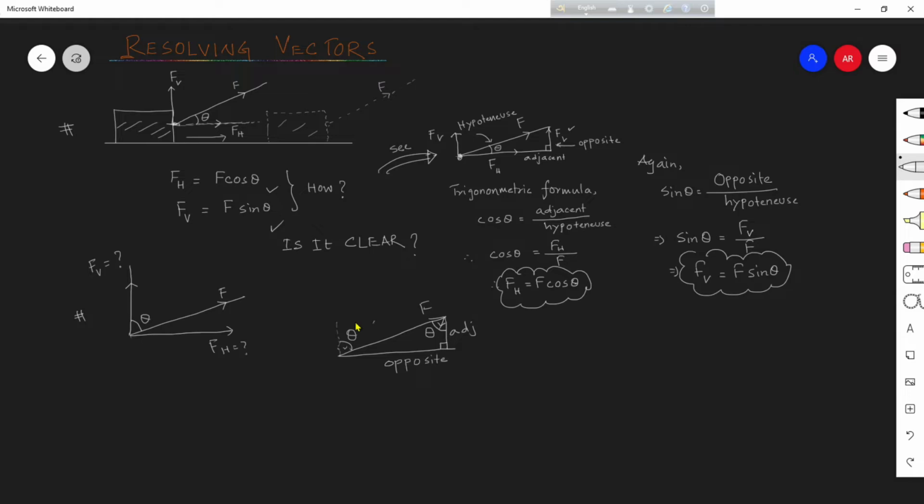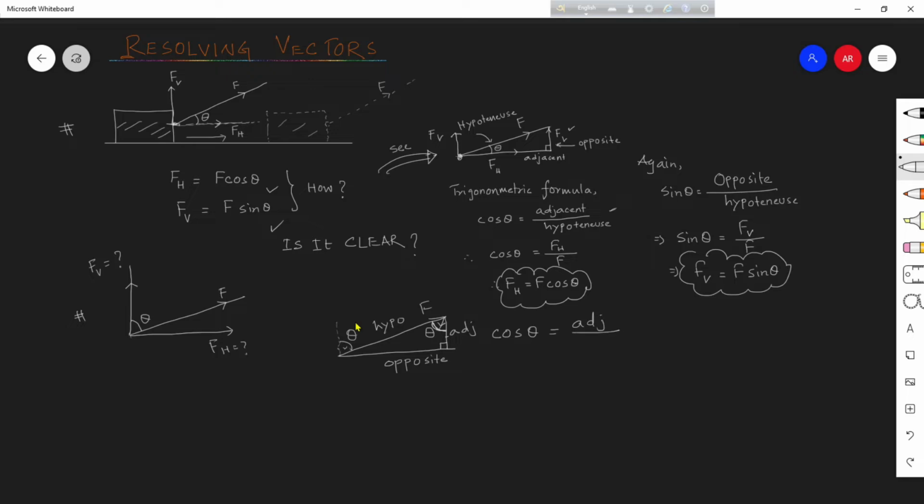So the vertical line is the adjacent, and the horizontal one is the opposite. F itself is the hypotenuse. So whenever it is adjacent, look at the trigonometric formula. Cos theta equals adjacent over hypotenuse. So making adjacent the subject, you get adjacent equals F cos theta.